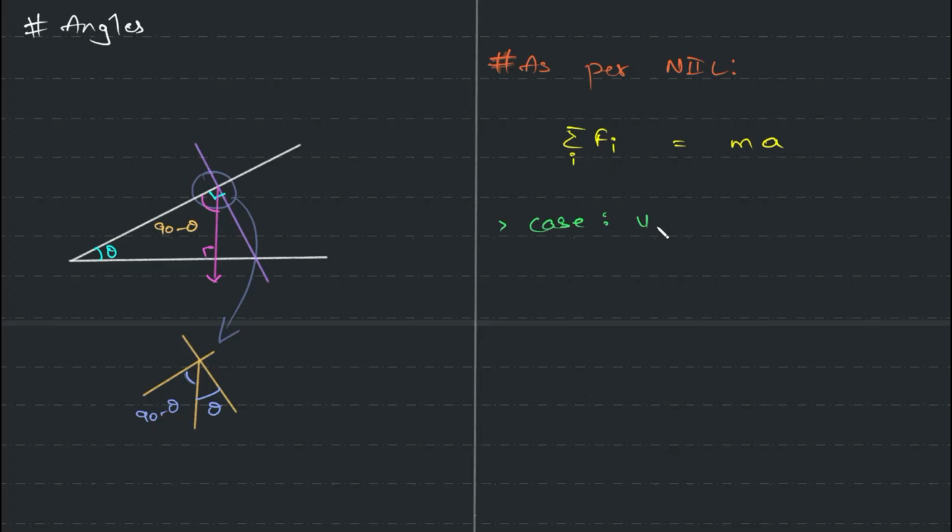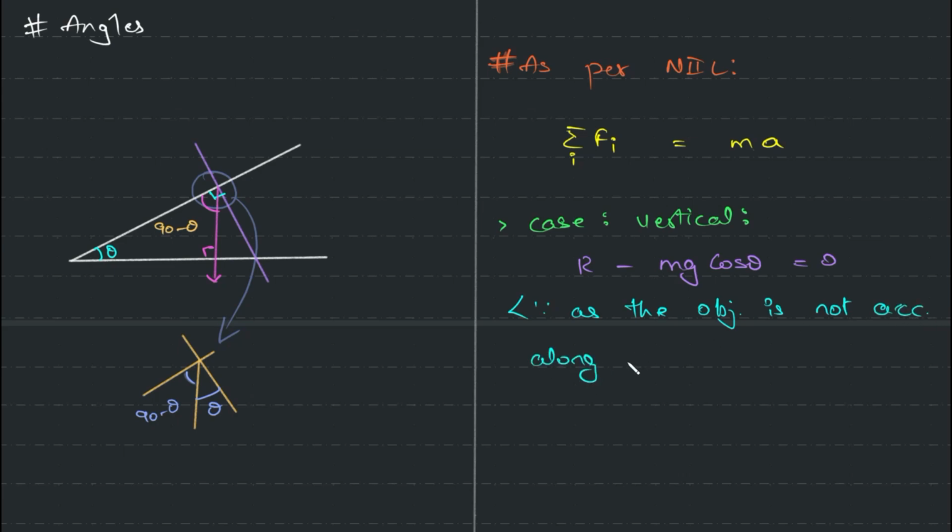Case vertical. So we have R minus mg cos theta is equal to 0, because the object is not accelerating along the vertical direction.